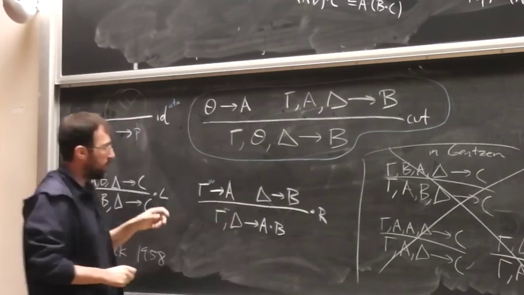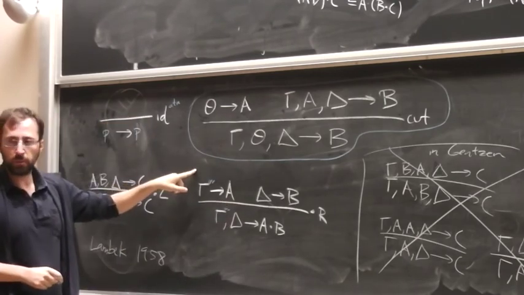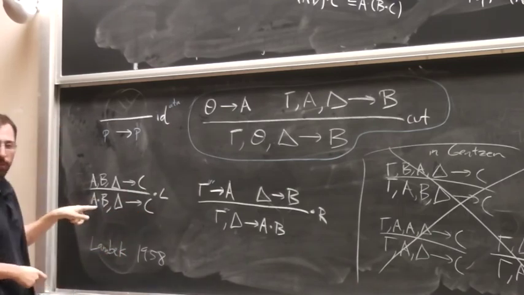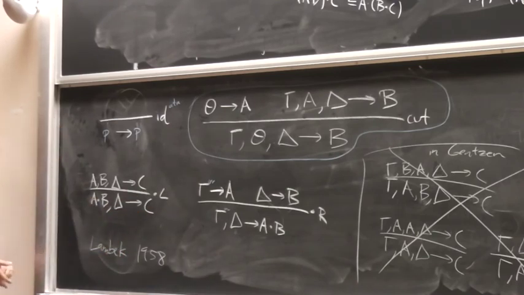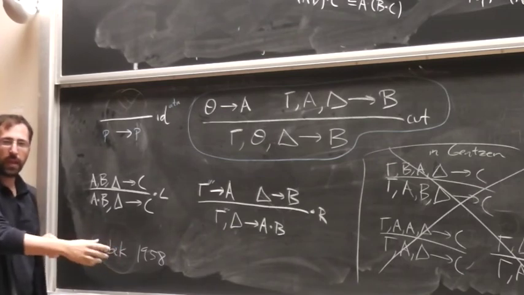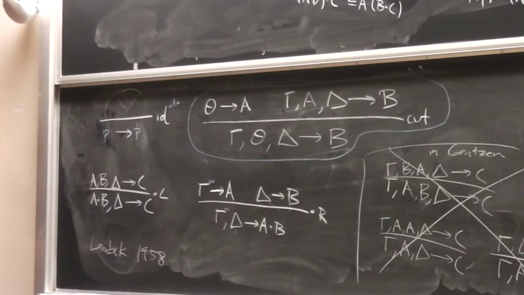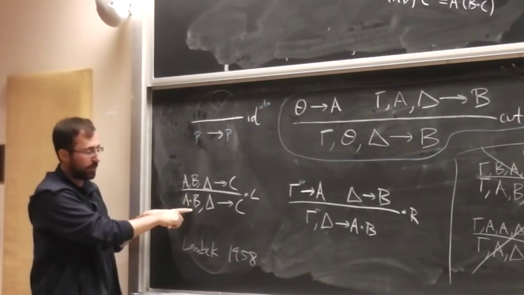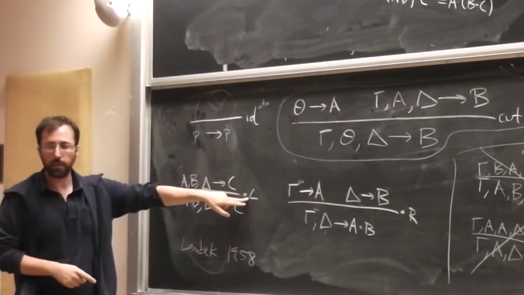I'm calling gamma an irreducible context, where by irreducible I mean that it doesn't have a product on the left-hand side. So the idea is you can think of, well, if I have any sequence I want to prove, I have a strategy for trying to prove it. The strategy is, well, I look at the left-hand side. Is it a product? If it is, then I just try to apply this rule.